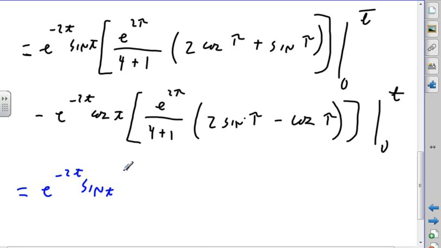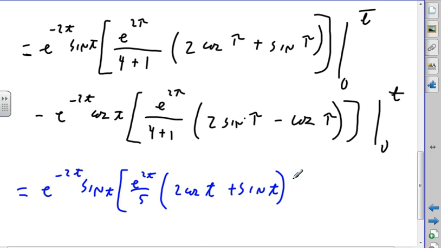Okay, I put a t in, so I get e to the 2t over 5 times (2 cosine t plus sine t), minus, I put a 0 in, and I get 1/5, and this becomes 0, that becomes 2. Okay, so that's that guy.